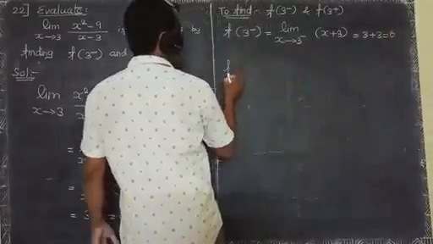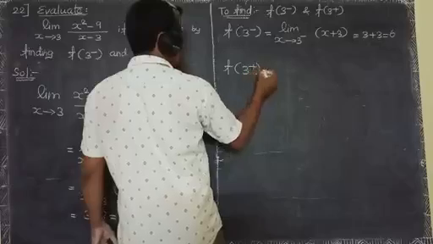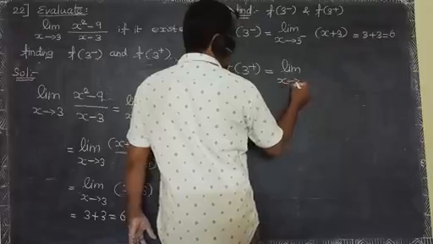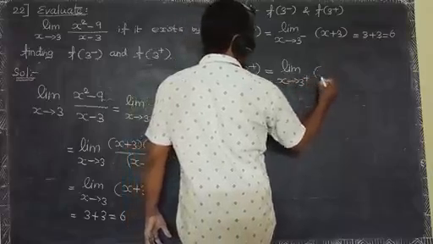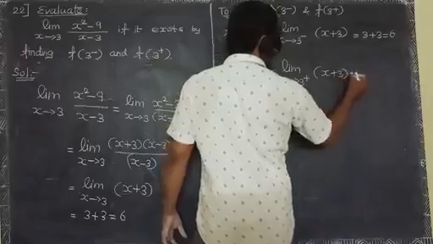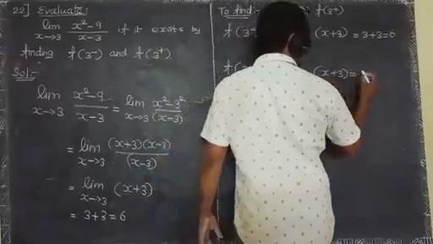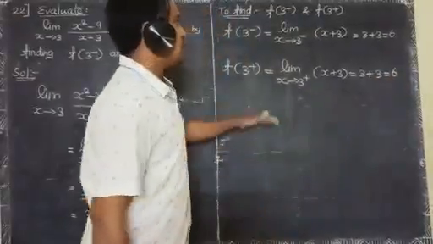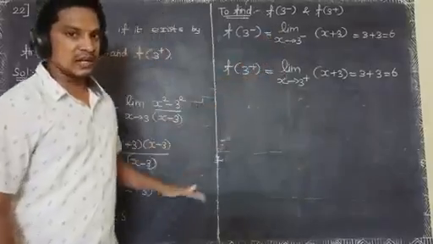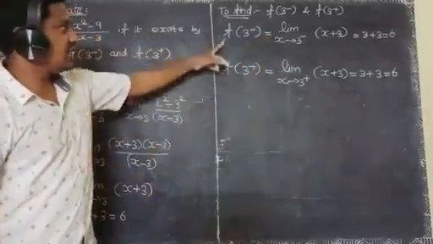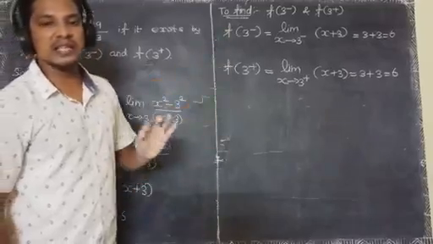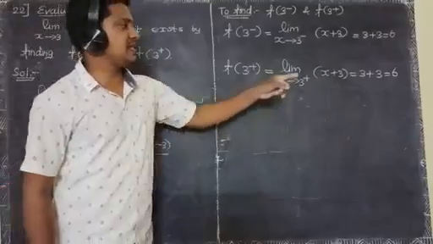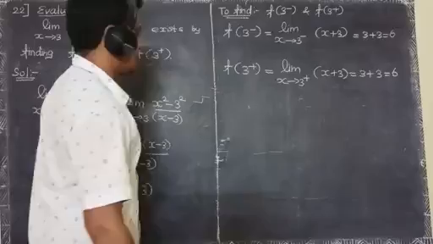Now find f(3+), which is equal to the limit as x approaches 3 from the right of the function x plus 3. Substitute x equal to 3: 3 plus 3, which is equal to 6. Both values are equal, and if and only if these values are equal, there is a unique real number for the limit of the given function. The limit is 6.